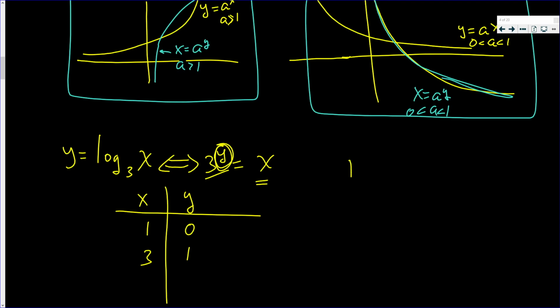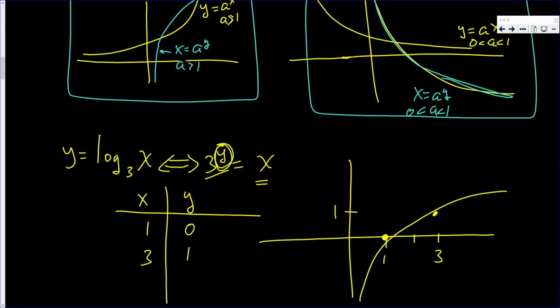So x is 3. When x is 1, y is 0. When x is 3, y goes up 1. And now, instead of getting closer to the x-axis, we get closer to the y-axis, which means it goes like that. Two points, nothing much different.